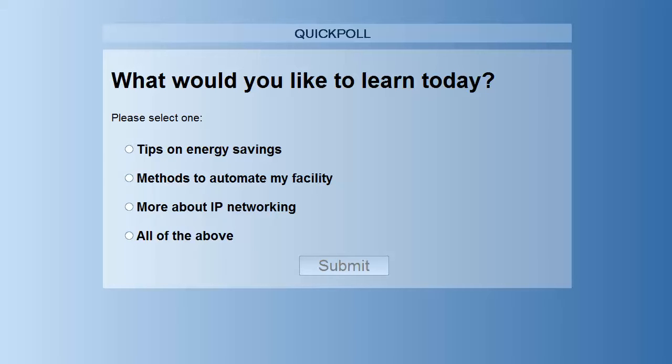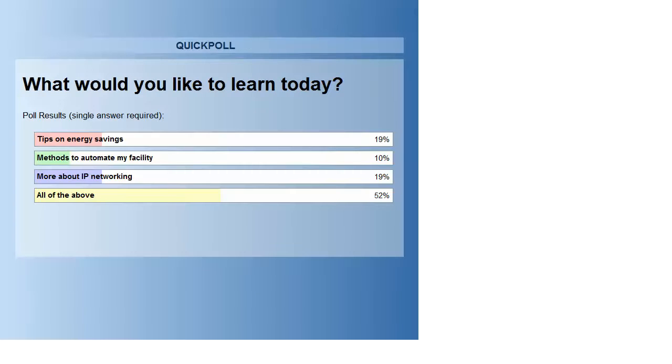Are you looking for some tips on energy savings that may help you in your day-to-day activities, or are you looking for more of how you can automate some of the processes that may be manual with what you're doing? We're also going to cover a little bit about IP networking, and a lot of that by example, to give you some ideas of how to apply the technology to solve some real-world problems. Is that more about what you're looking for? Or maybe it's a little bit of the last one, all of the above. If you give us a couple of moments, we'll go ahead and take a look.